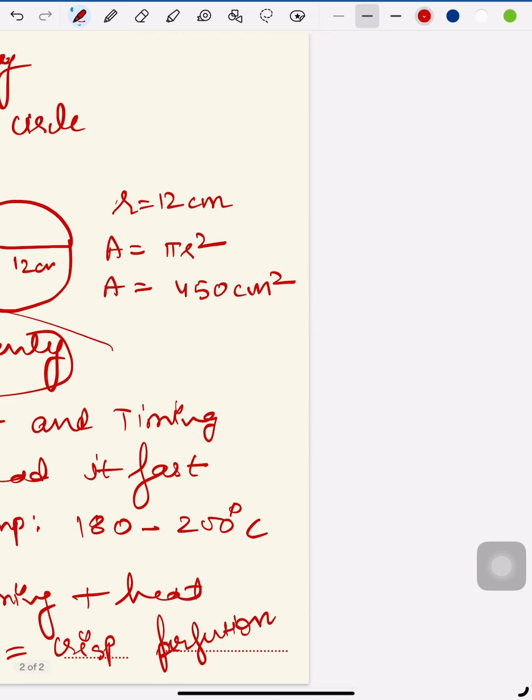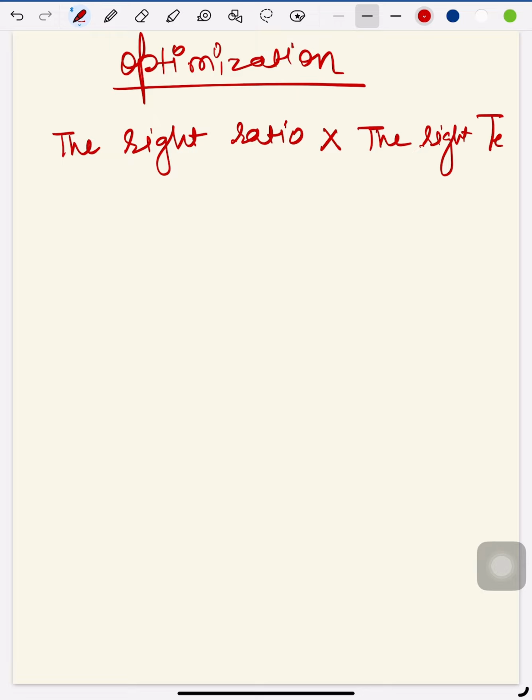Okay, and then we have a very important part, which is called optimization. So making a dosa is an optimization problem, which is the right ratio into the right temperature over the wrong timing.